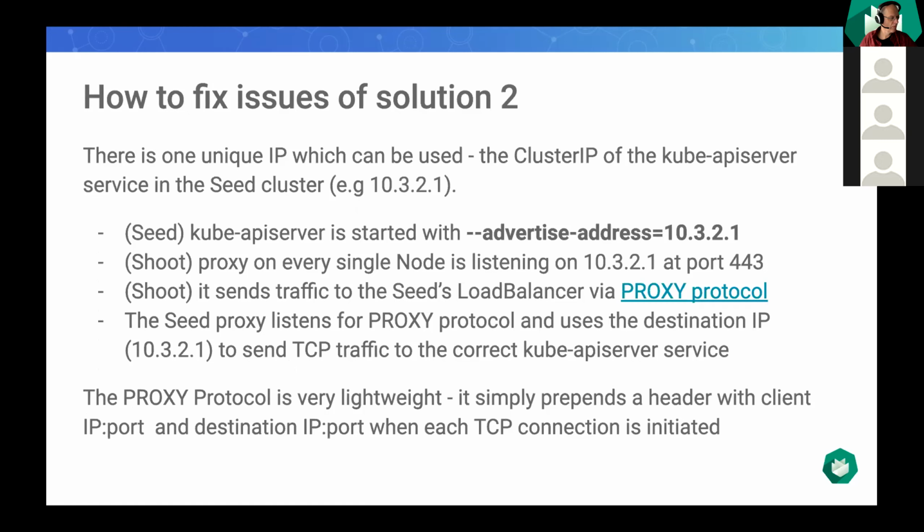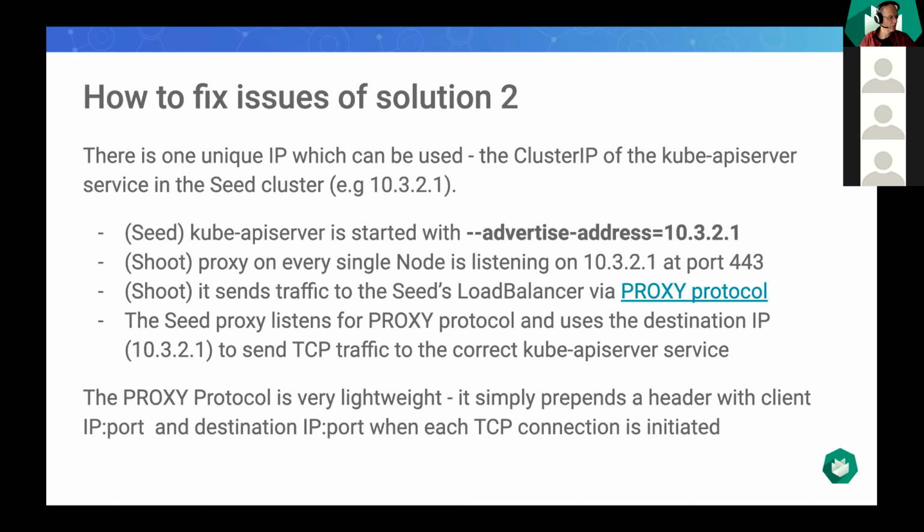So how to fix those problems? Well, you need to find some uniqueness, and this uniqueness in our current architecture is the cluster IP of the Kubernetes API server inside of the seed cluster. So this is very unique because Kubernetes services have a unique IP address.